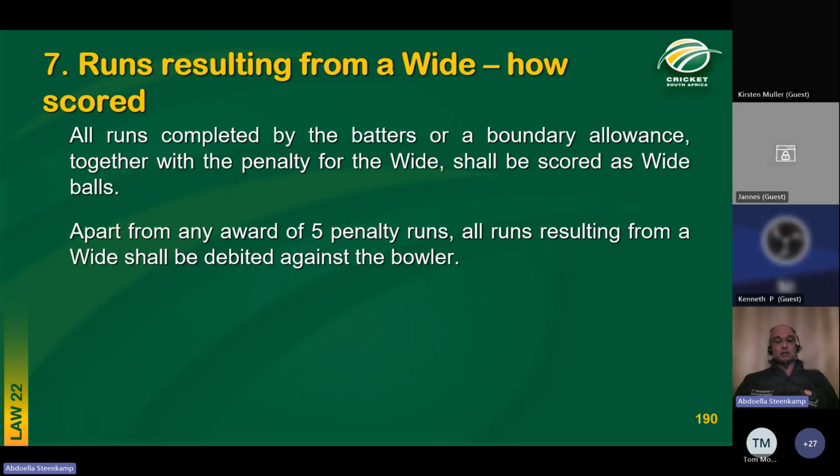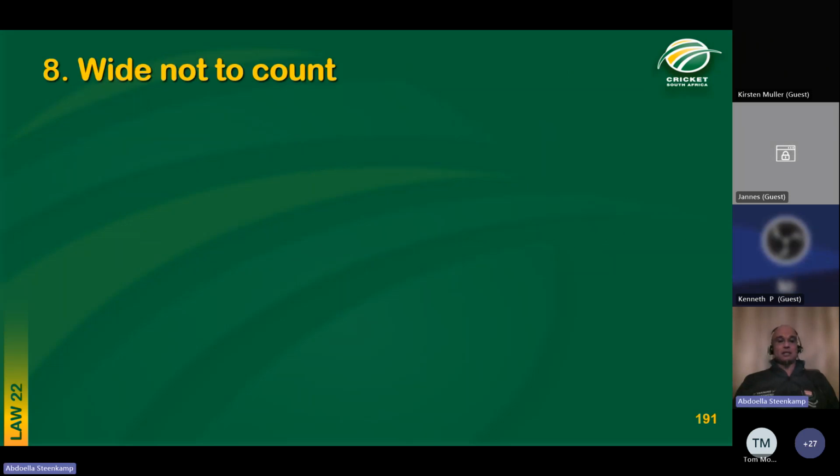So what are your signals? You need to signal wide to the scorer, and you need to signal 4 runs to the scorer. So in total, from that particular ball, it will be 1 for the wide ball and 4 for the boundary. So in total, 5 runs get added to the batting side's score.